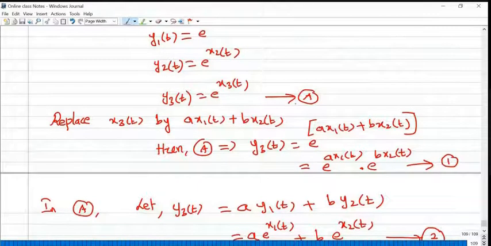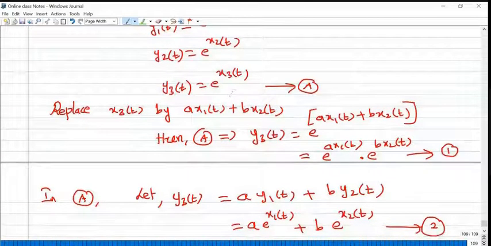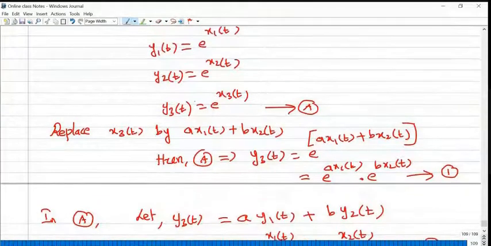Now consider this particular equation as the basic equation. In that equation, substitute x3 of t equal to a x1 of t plus b x2 of t. That is equation number 1. In the basic expression, apply the superposition principle: if x3 of t is a x1 plus b x2, our y3 result should be equal to a y1 of t plus b y2 of t.